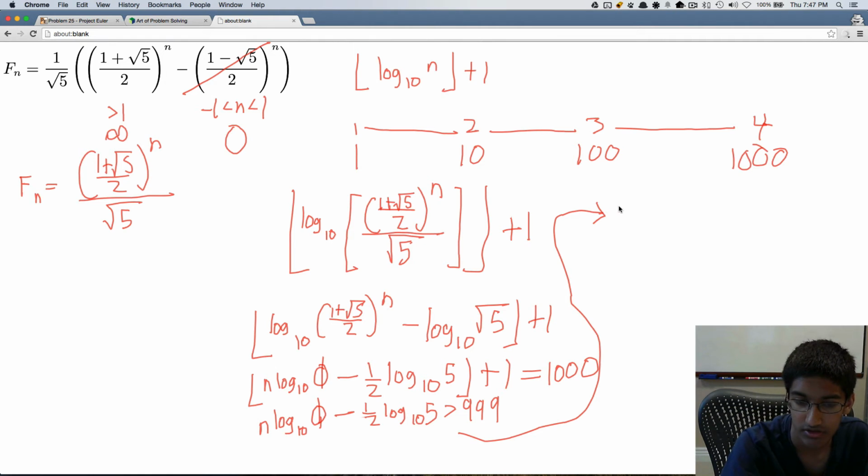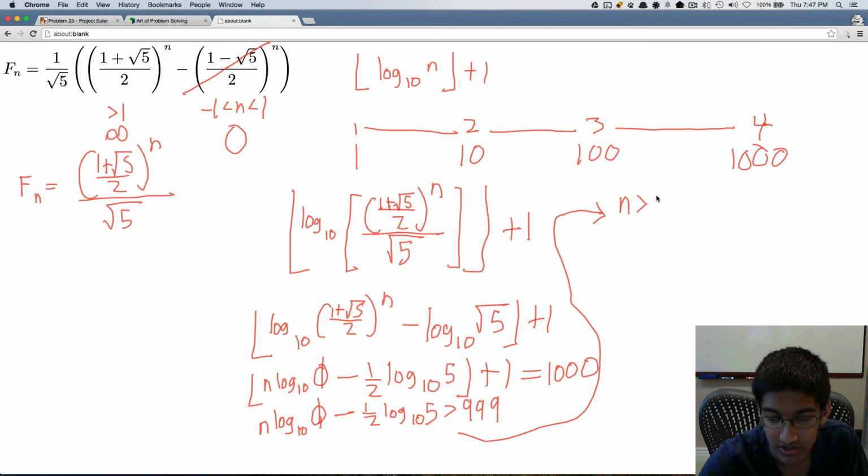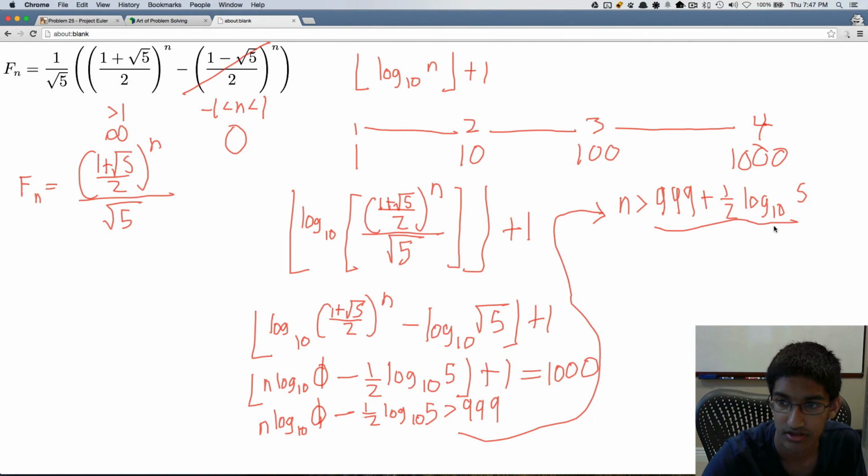So we would have n would be greater than, starting to run out of space here on my pad to write, 999 plus 1/2 log base 10 of 5, and this whole thing is going to be divided by this thing that we're dividing over. So this would be log base 10 of phi.